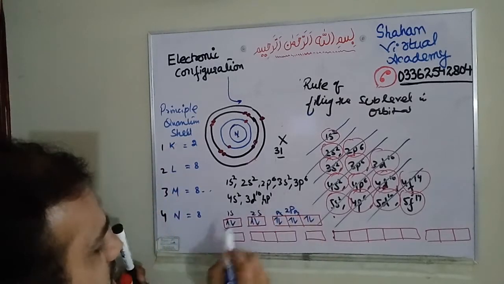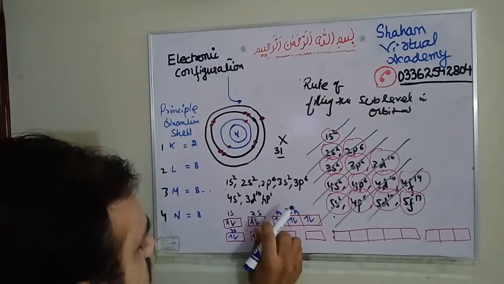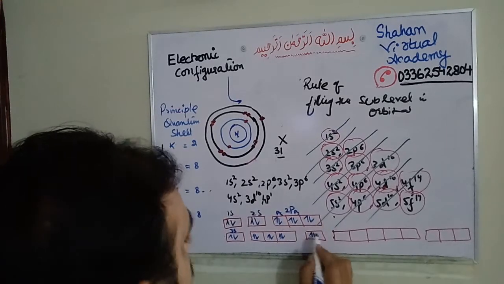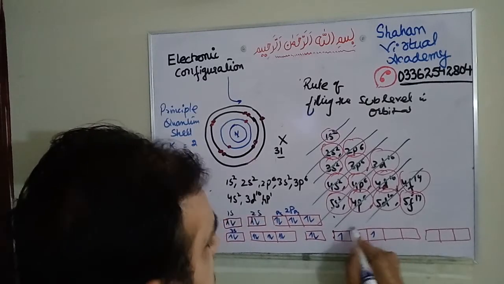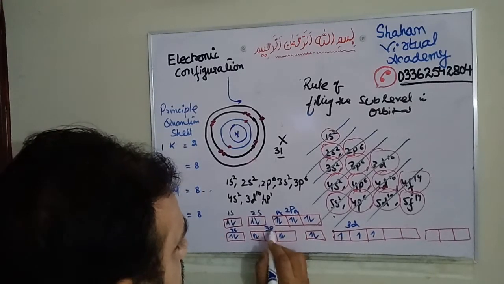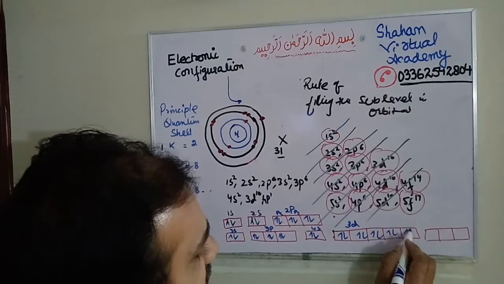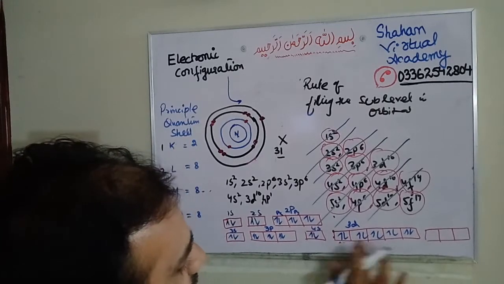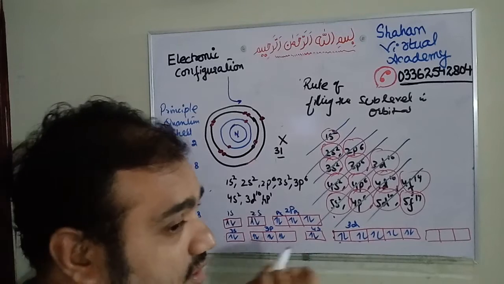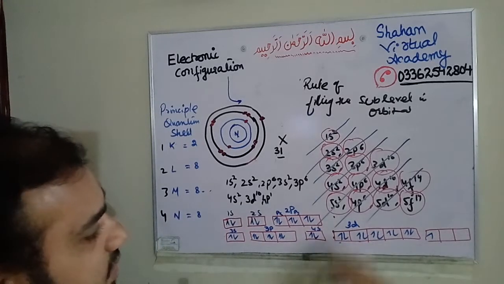Then 3s2, and 3p6 the same way. The d orbital has five orbitals, so we fill 1 to 5, then 6 to 10. We don't fill it pairwise at first. Once every orbital has a single electron, then it is refilled with the second electron.